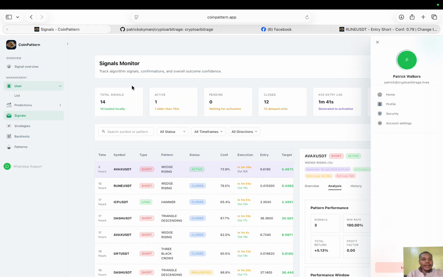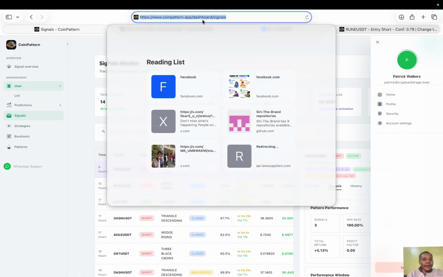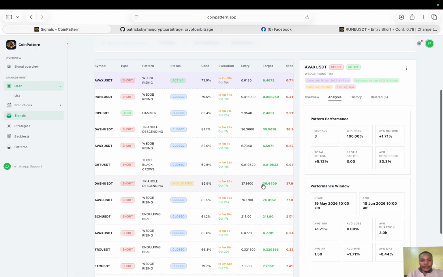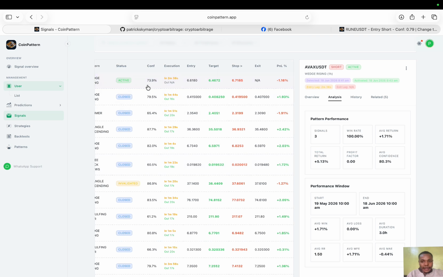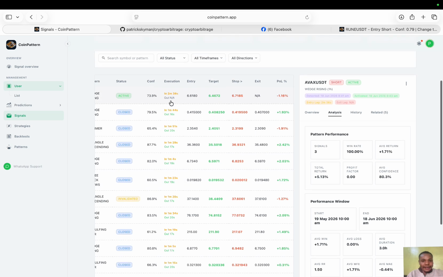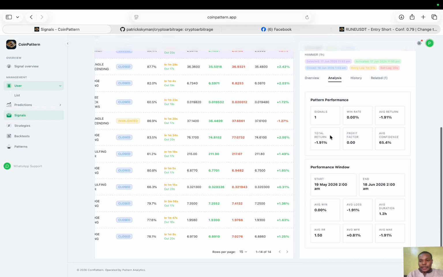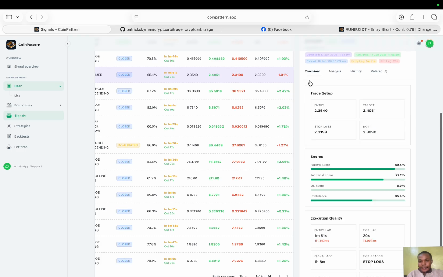So this can also be seen easily from our dashboard here. For example, if I click on, maybe this is an active pattern here, so this doesn't make a lot of sense as of now. For example, if I look at this one, which was a loss, let me take a look at this point. We had an entry at 2.3 and an exit at target of 2.40.